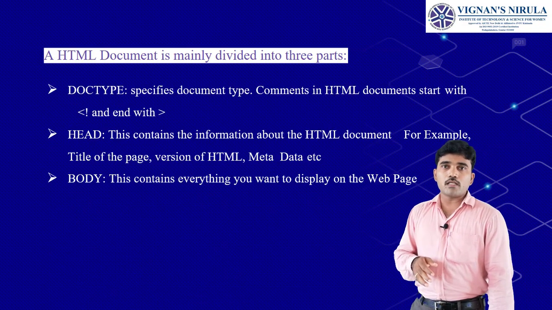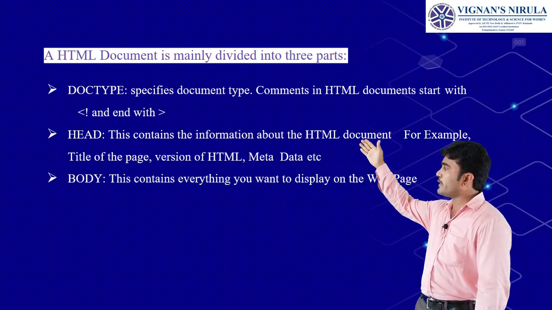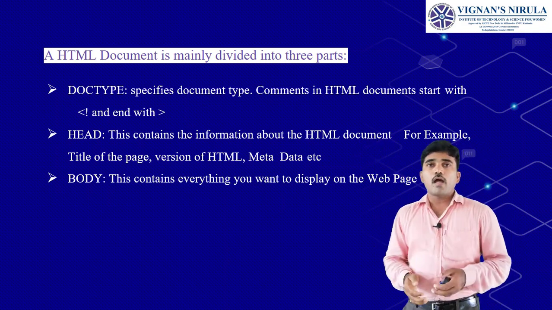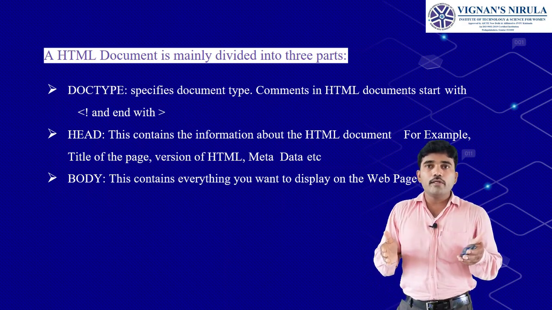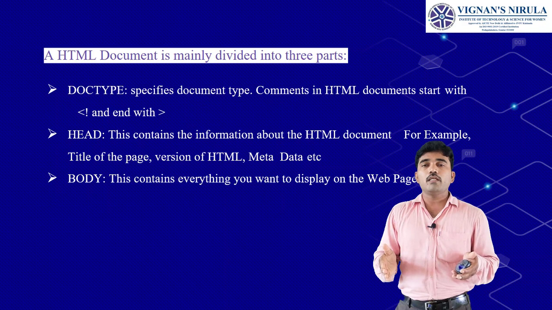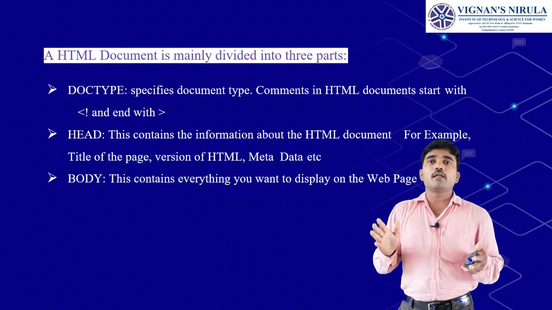As I mentioned previously, the first one is doctype, which stands for the document type section, and it specifies the document type. What we write in this section is comments, and every comment must be preceded by an exclamation mark.